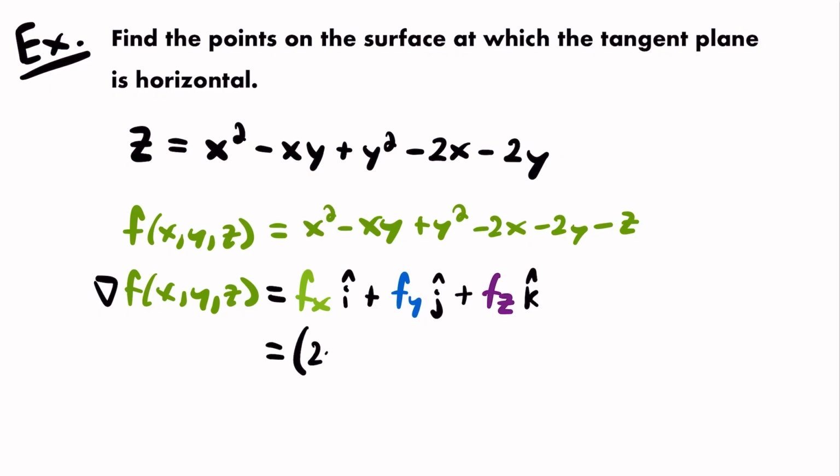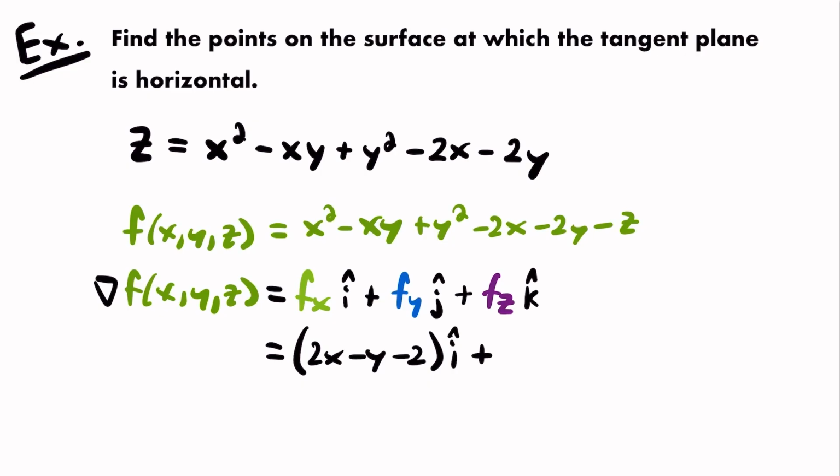And then the second term, y would be a constant, and so the derivative of x to the first power would be its coefficient of negative 1 times y, which gives us minus y. And then for the next term, y squared is a constant with respect to x, its derivative is 0, and then negative 2x, the derivative of that would be negative 2. That's going to be it for fx, because these last two terms are not in terms of x, they are constants whose derivatives are 0. All of that is multiplied by i.